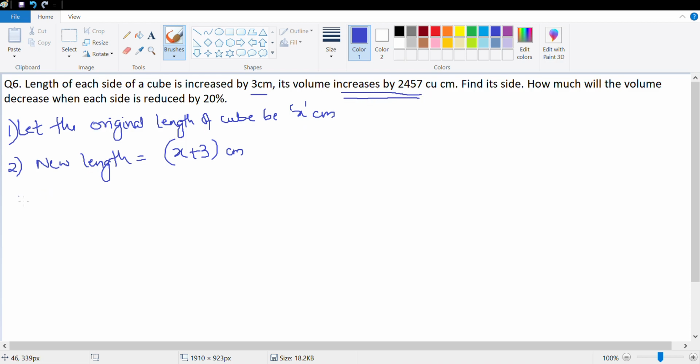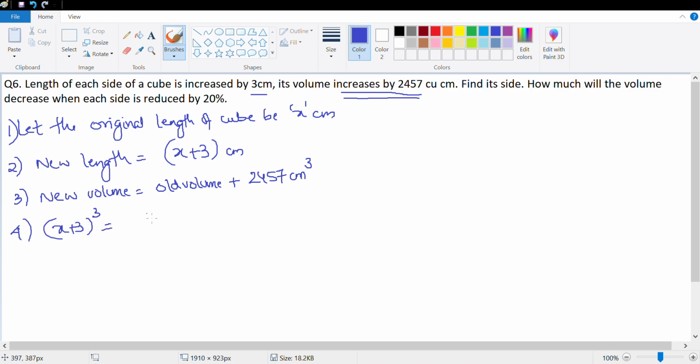So new volume is equal to old volume plus 2457 centimeter cube. Let's put the formula. The volume of a cube is a cube, or length cube. In this case, x plus 3 whole cube is equal to the old volume, which is x cube plus 2457.